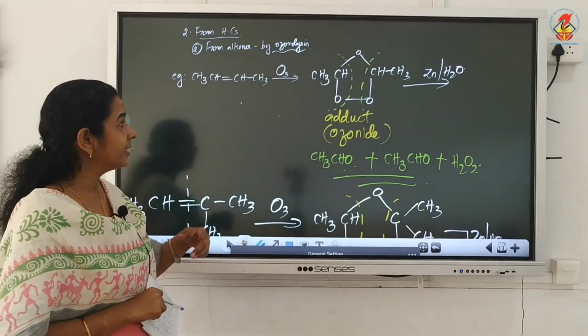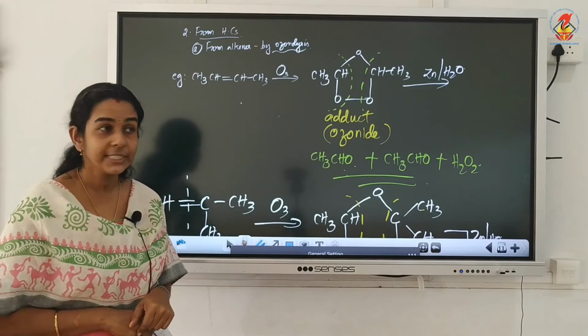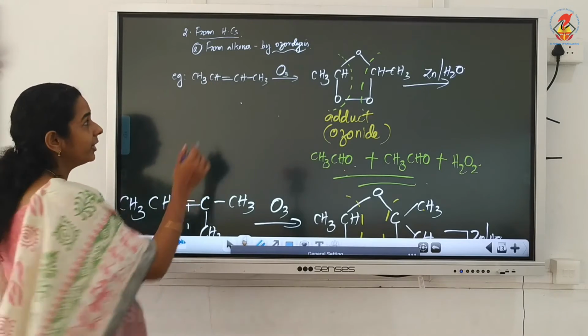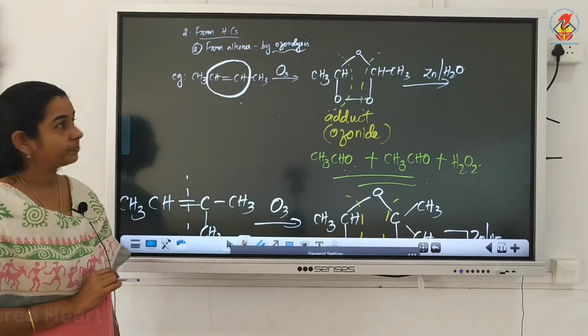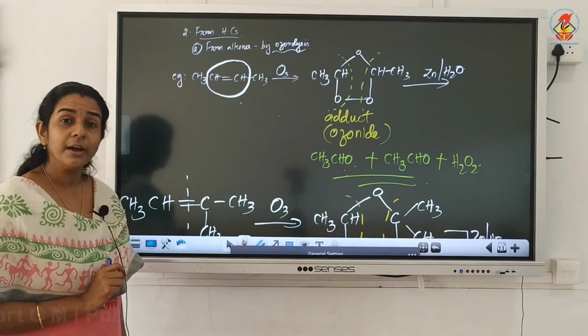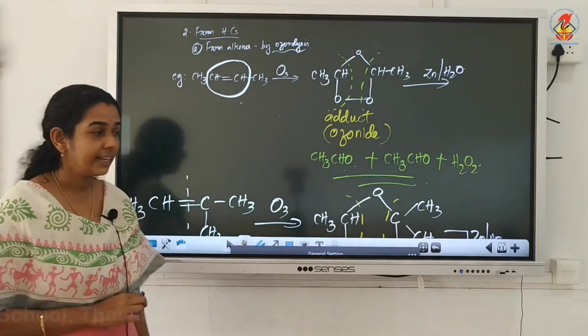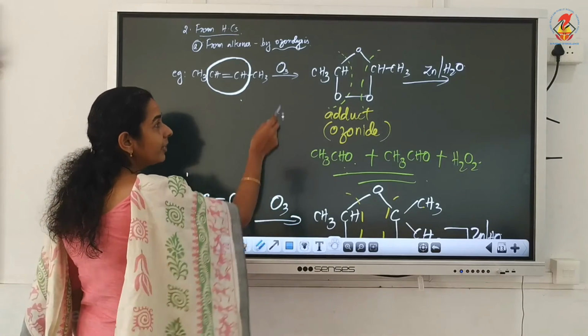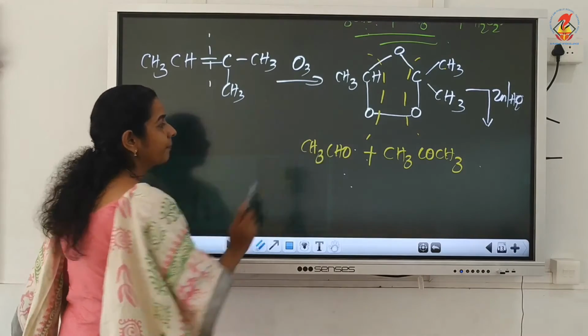The reason is when we get aldehyde and when we get ketone after ozonolysis: here the double bonded carbon is CH double bond CH. If the double bonded carbon contains hydrogen, the product will be an aldehyde, and if the double bonded carbon does not contain any hydrogen, what will be the product?